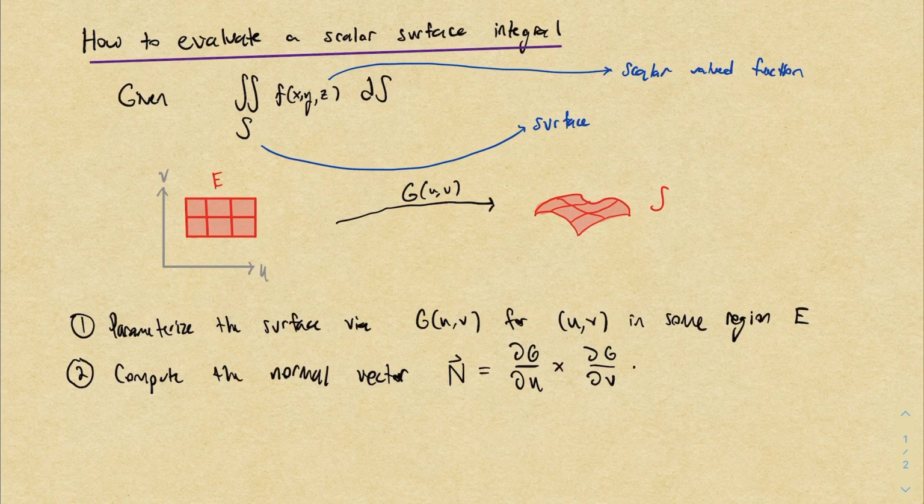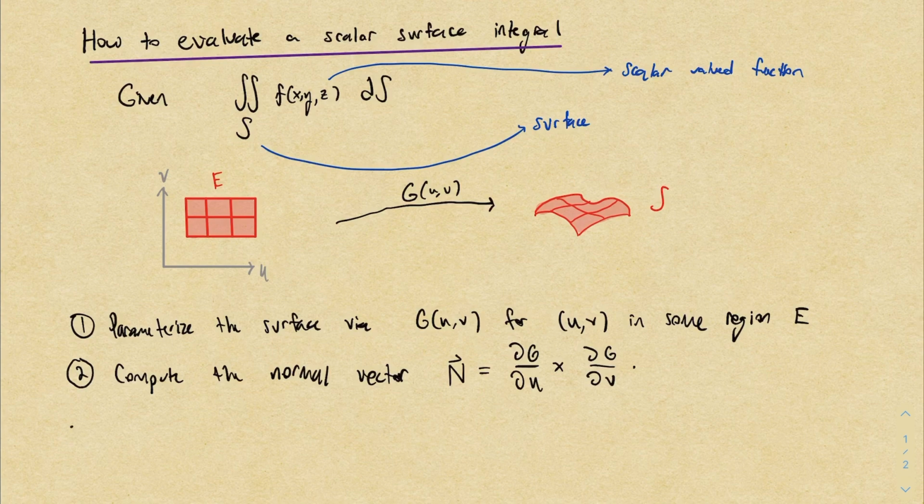And they measure how much the surface is being stretched and contracted by this map g. So this normal vector that we're computing encapsulates all of this information about stretching and contracting. You can think of it as being like a Jacobian type thing. Anyway, it's just something to compute.